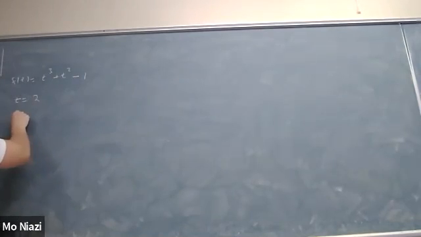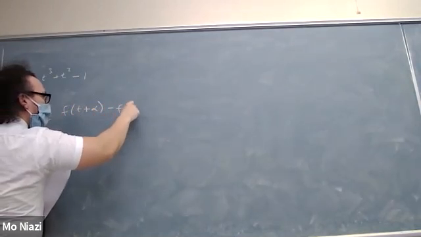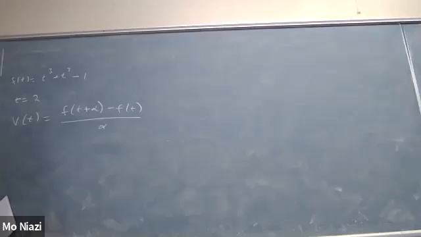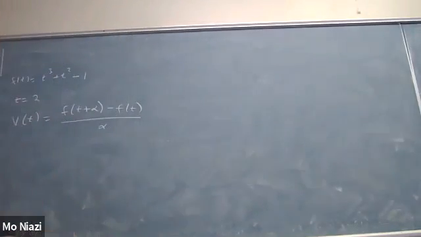So the velocity, v of t, in general, is f of t plus alpha minus f of t, all over alpha. It's the same thing, just not with the 2 that I plugged in for t. Then once you figure this out, you can find what v of 2 is. This is what we want to know.